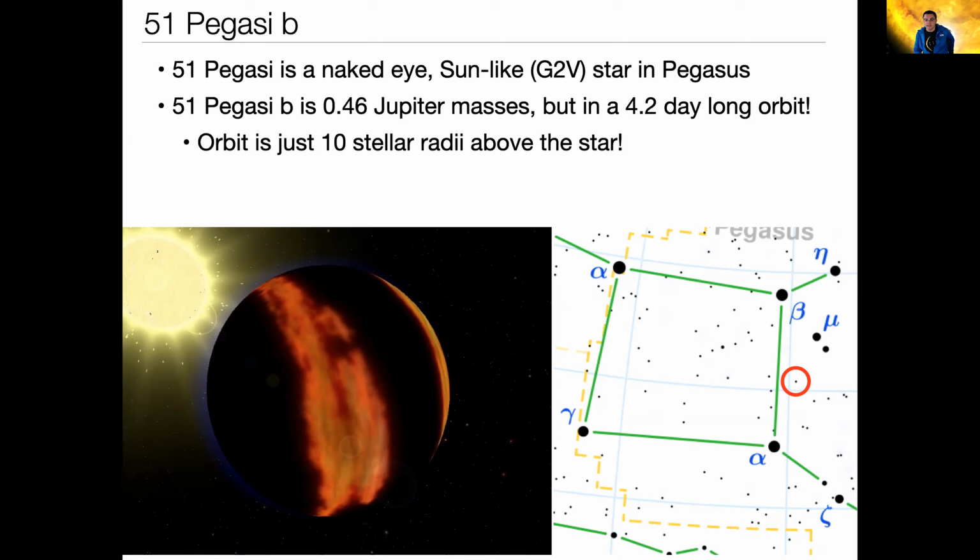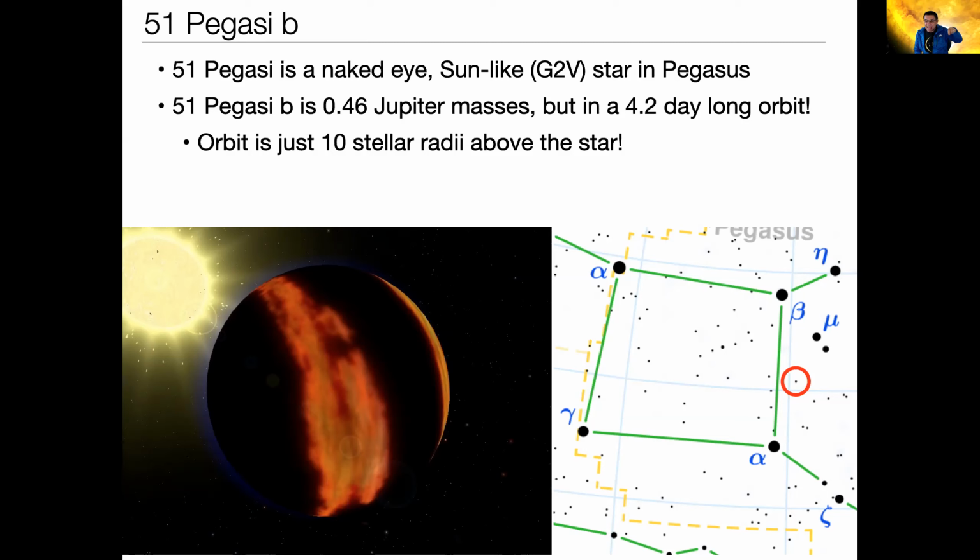Okay, so the first planet we discovered around a sun-like star is called 51 Pegasi b. It's about half the mass of Jupiter. But the surprising thing about it is it's in a 4.2-day long orbit. Okay, so the Earth is in a 365-day orbit. The closest planet to our own sun is Mercury.